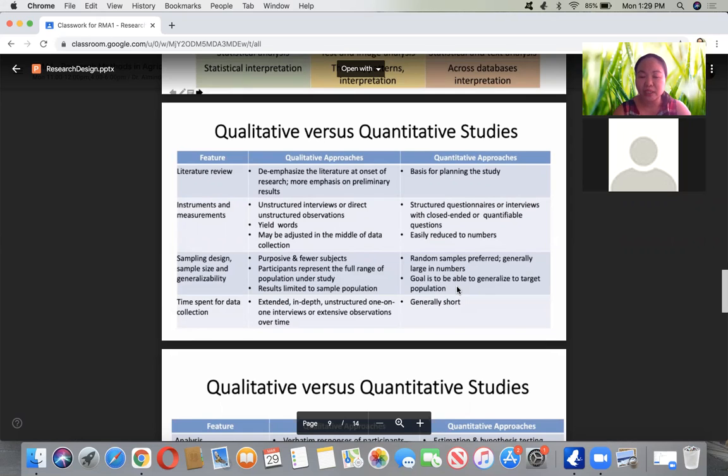So we only use like a 10 square meter na plot, with about 1,000 population, but that's still too much, no. And in terms of time spent for data collection, yung qualitative is extended, in-depth, unstructured, one-on-one interviews or extensive observation over time. But in the quantitative approach, just generally short.